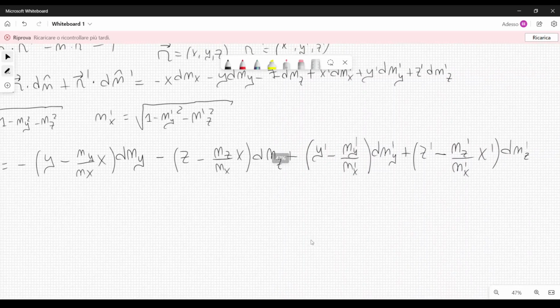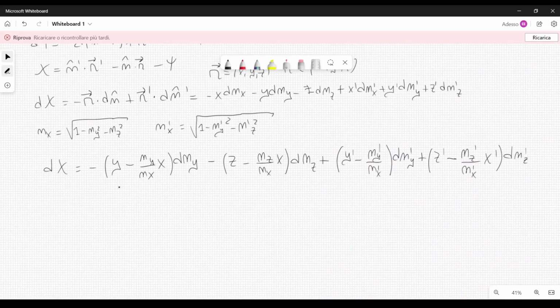And from this equation here, we will easily find the following.